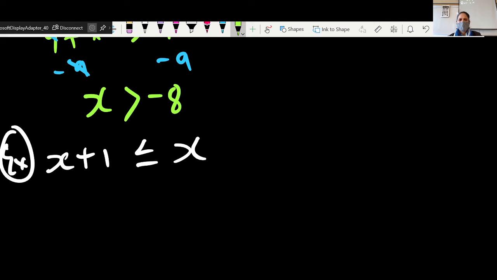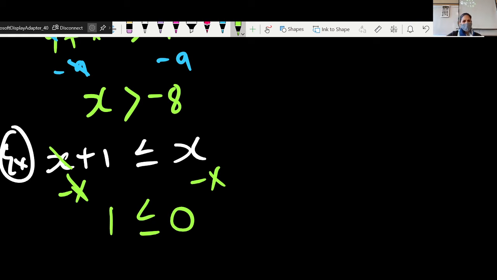You can already see what's weird about it, right? On this side, we would want to subtract x, which means we better do it on both sides. So on the left, that is gone, so I'd have a 1. What is x minus x? It's 0. Is 1 less than or equal to 0?